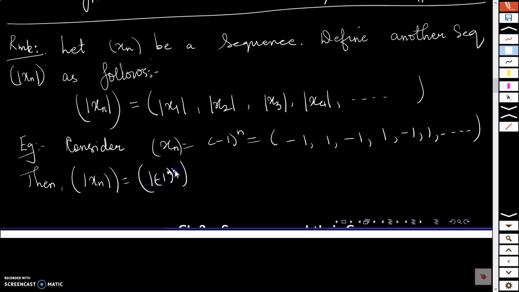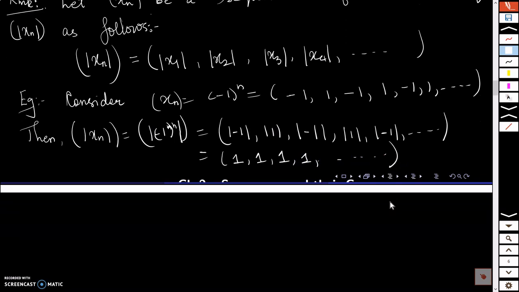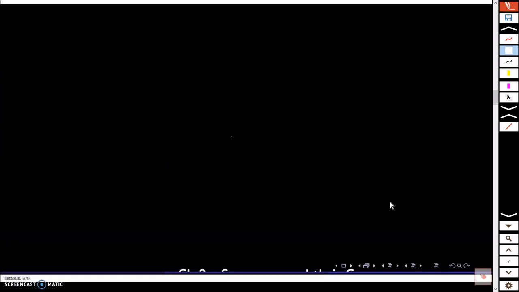This will be modulus of minus 1, modulus of 1, modulus of minus 1, and this keeps on going. Mod of minus 1 is 1, mod of 1 is 1, so all these terms are 1, and finally we are getting a constant sequence. So this is how mod xn can be defined from any given sequence.